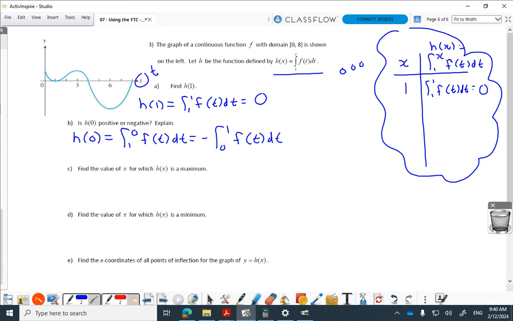Yes, the integral from 0 to 1 of f at t dt, I can see in the picture, that's a positive area. So this answer comes out to be negative. And then it says explain, which I don't have much room to do. So I'll switch colors so you can see me explain.